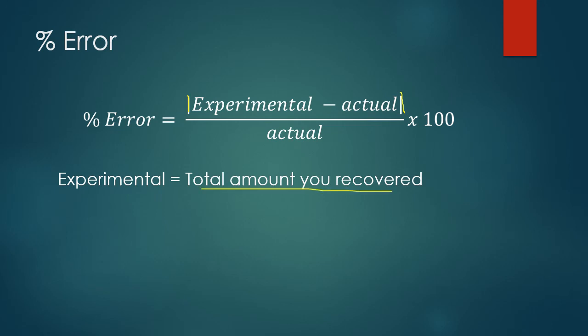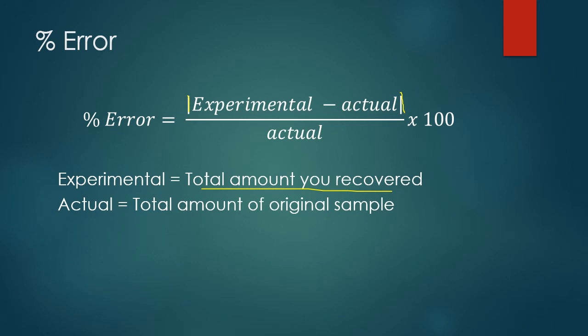So the sodium chloride and the silicon dioxide recovered. The actual is going to be the total amount or the mass of the original sample. So once you do that calculation, multiplying by 100, you should get a percent. And remember, for percent error, the lower the better. That's how much error was introduced in the experiment itself.